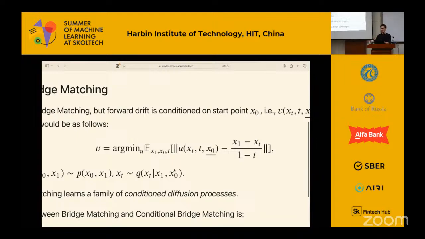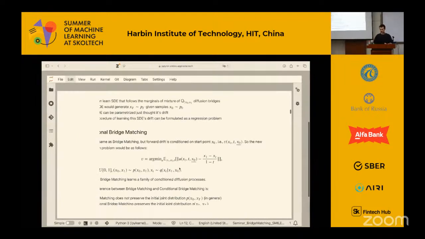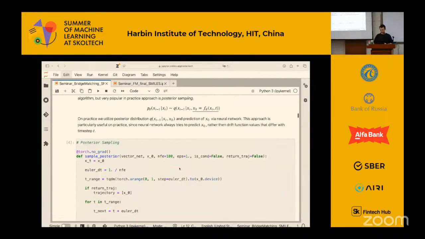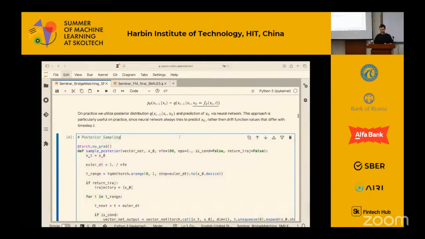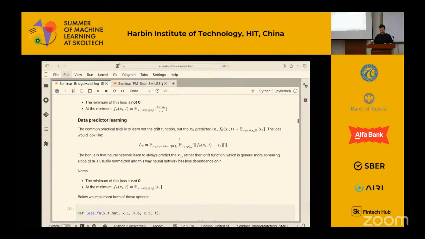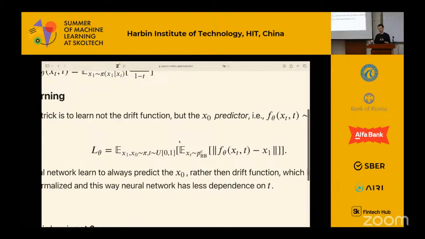But still, this can be a computationally tricky problem. And so switching to the prediction of x1 would be a very nice thing because, as I showed earlier, the loss would look like this. So it just learns the x1. And then we just add this division and xt later, or actually do not add it.